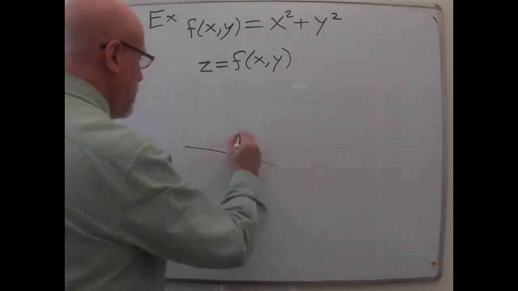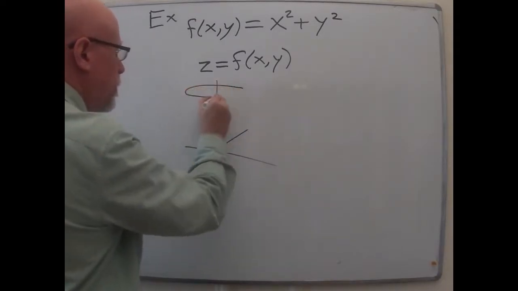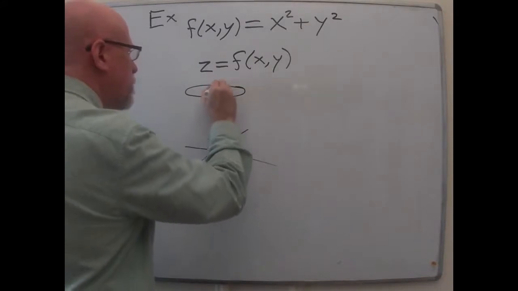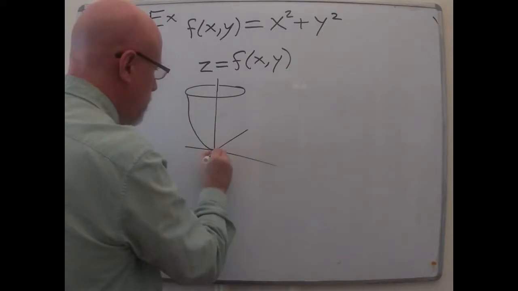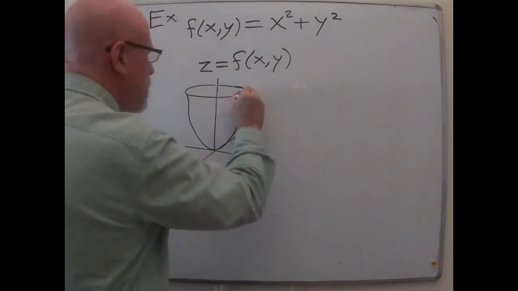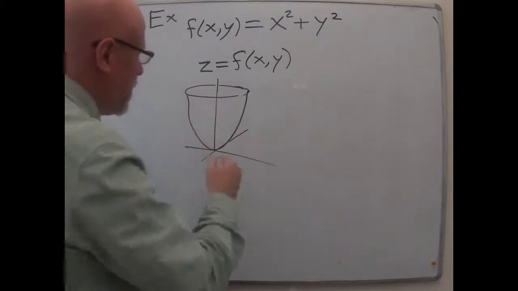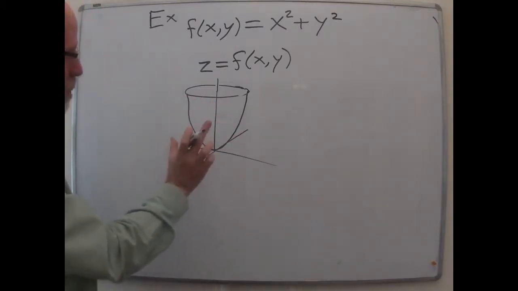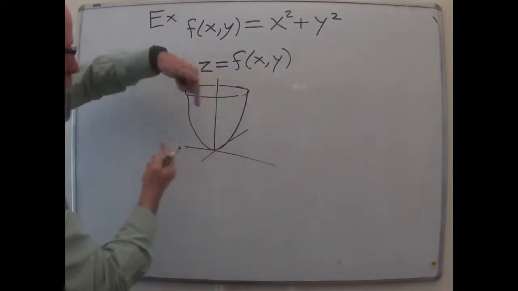The graph of it is a circularly symmetric paraboloid. I should draw that so that it looks like it passes behind the axis. I was going to try to shade it, but it's basically the graph you get if you take z equals x squared and rotate it around the z-axis.